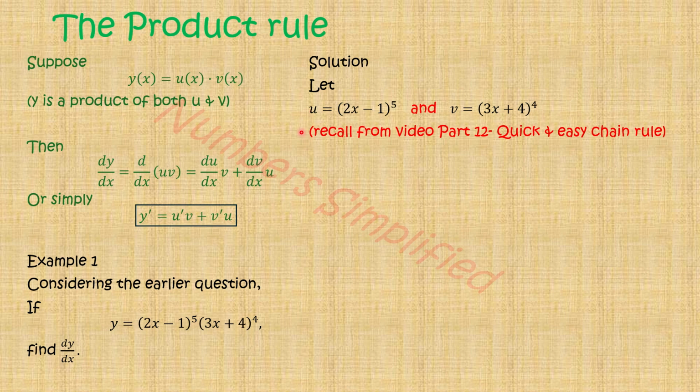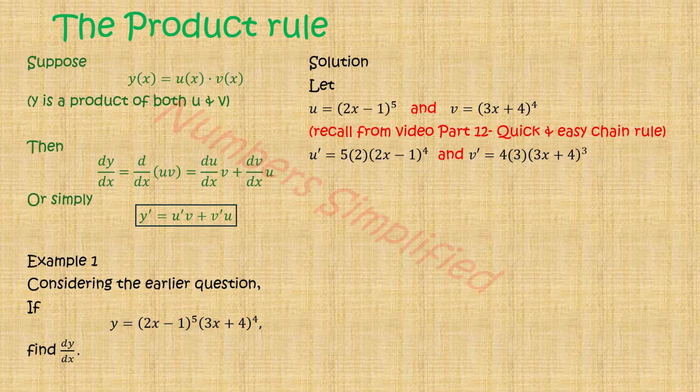Then the next step would be to find the derivatives of these functions. And recall from video part 12 in the differentiation playlist, where we looked at the quick and easy chain rule approach. This is going to help us in finding the first derivatives of u and v, implying that u prime becomes 5 times 2 times (2x minus 1) raised to the power 4, and v prime becomes 4 times 3 times (3x plus 4) raised to the power 3.